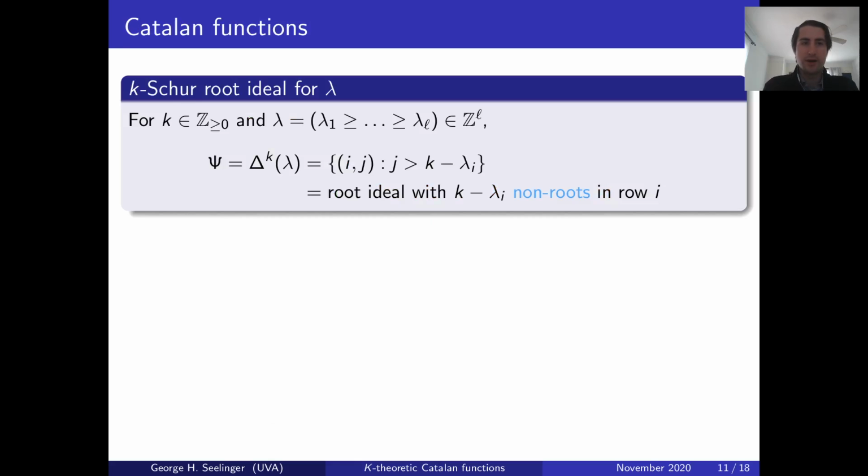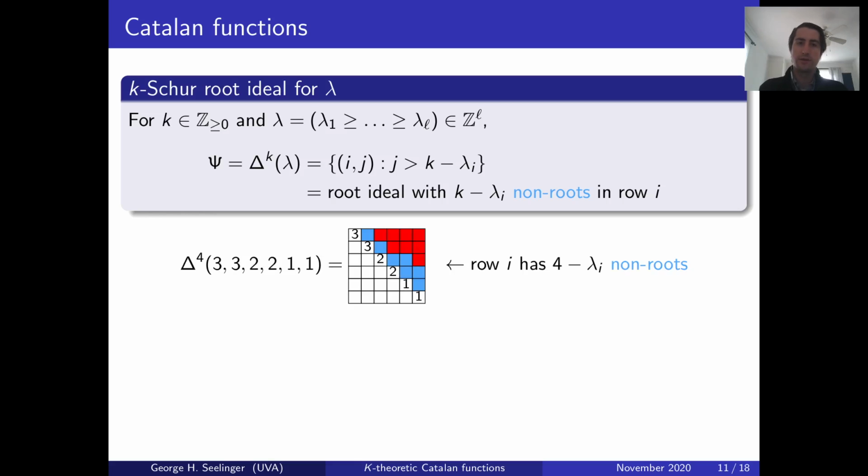All right, so now let's look at one of these interpolation families. A k-Schur root ideal is one where you fix an integer k, a non-negative integer, and then you take some integer vector, and associated with it you can create a root ideal, and maybe this is best illustrated by example.